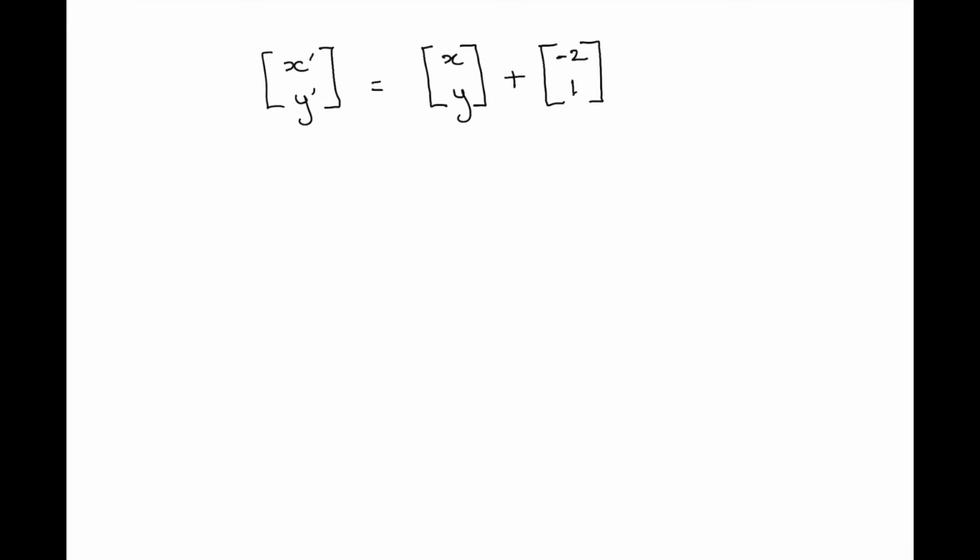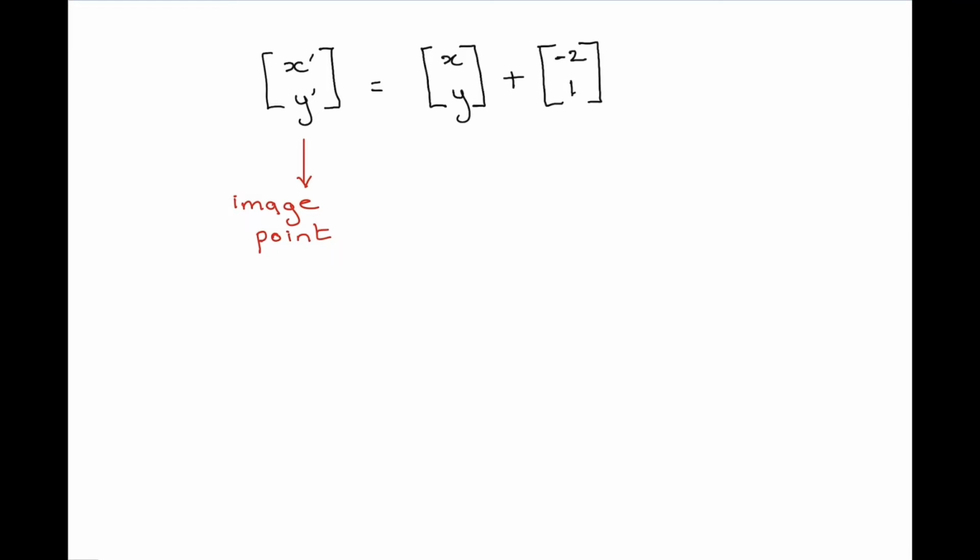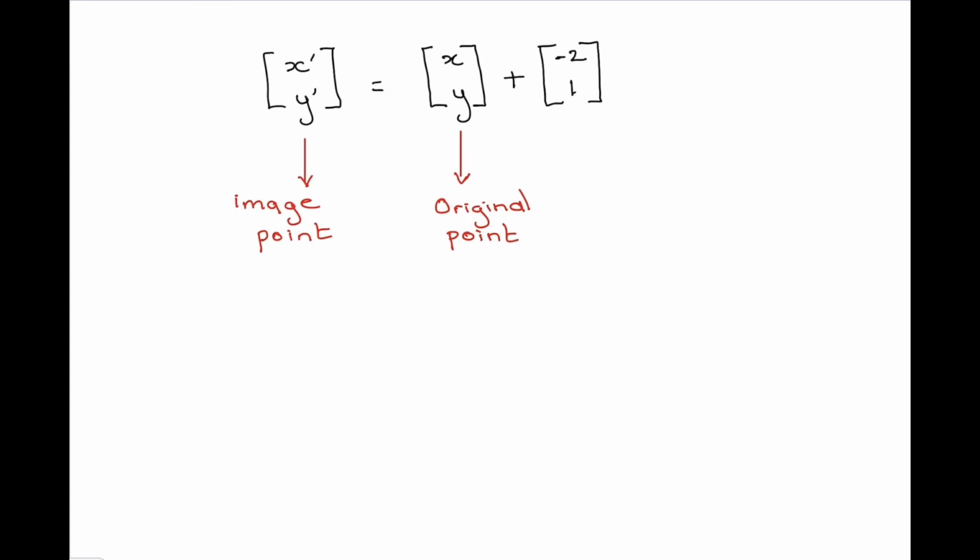Looking closely at the structure of this matrix equation, we see that the image point is represented by this matrix, the original point is represented by this matrix, and the information about the translations is contained in this matrix.